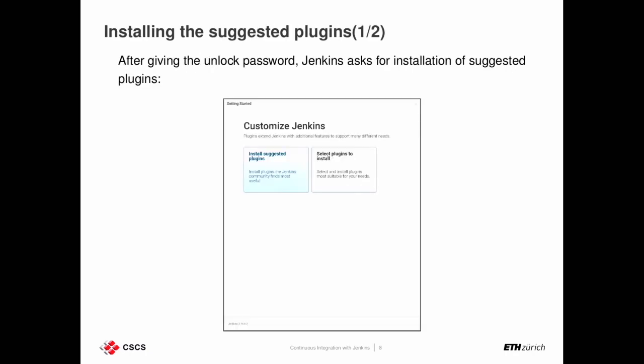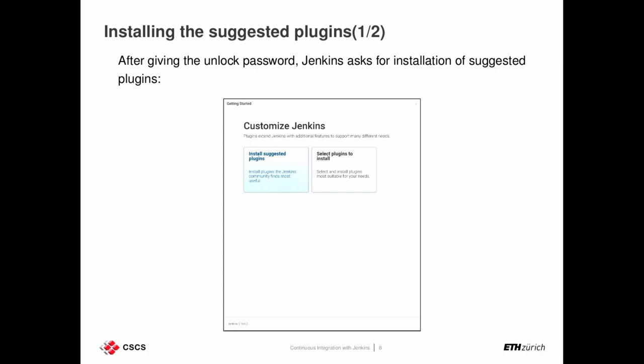You put it here, and then Jenkins asks you which plugins you want to install. If you are familiar with Jenkins, it's not your first time installing, and you know which plugins you are going to use, you can go and select them. Otherwise, you should go with install suggested plugins.